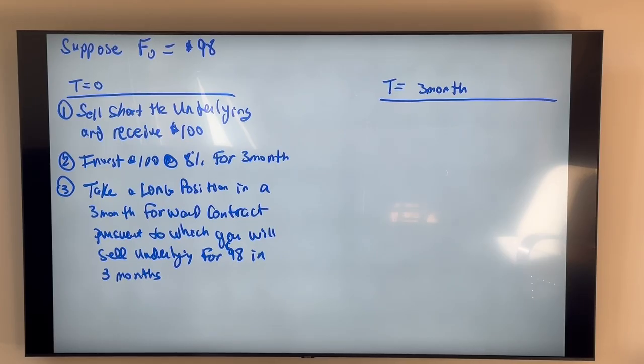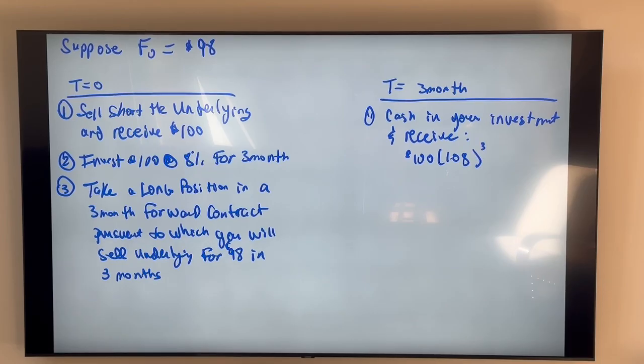So first thing you would do is, one, cash in your investment and receive $100 times 1.08, and that is going to give you, right, $101.94.